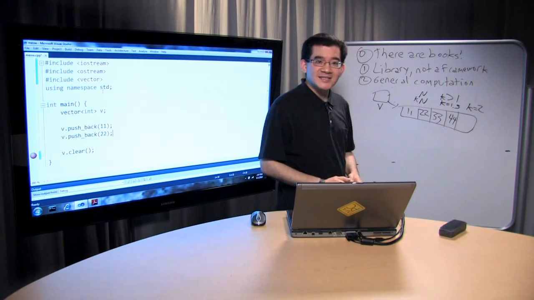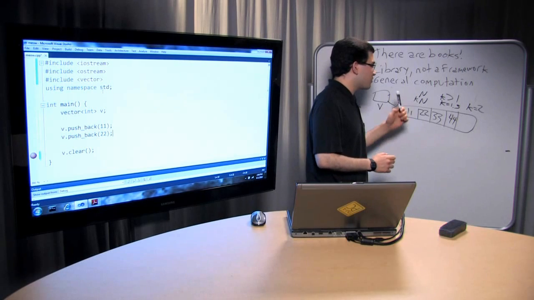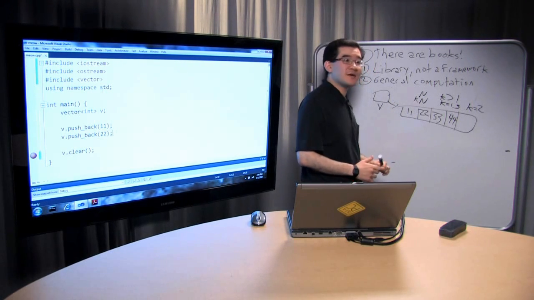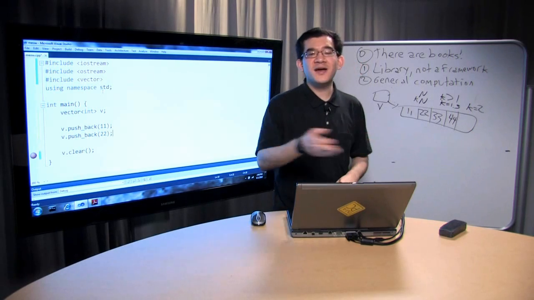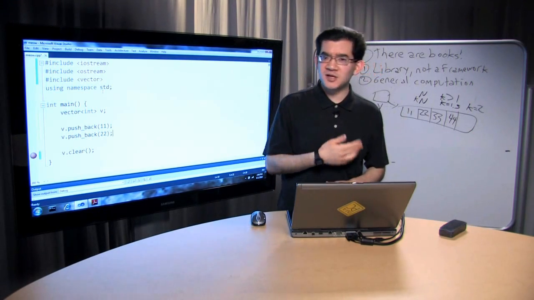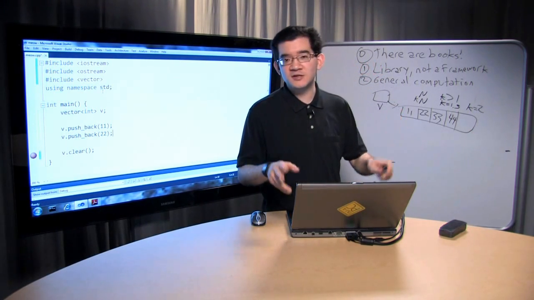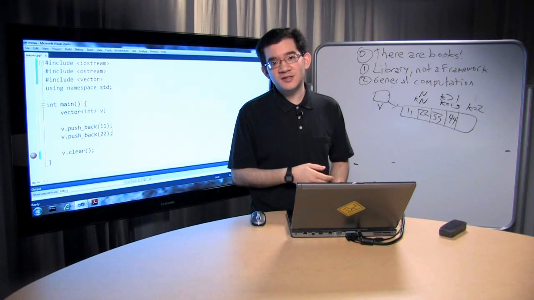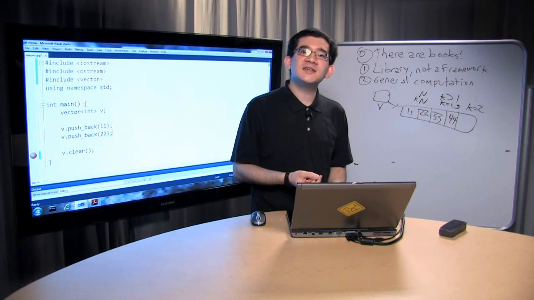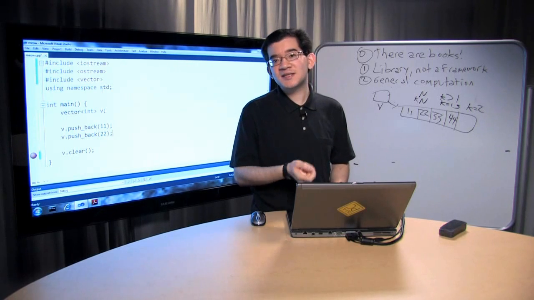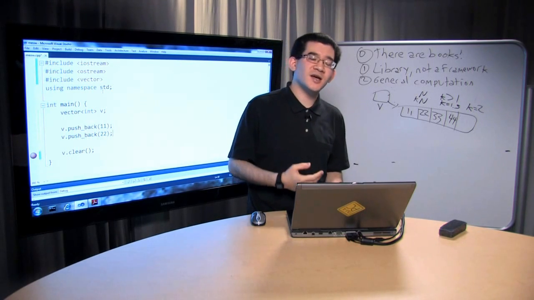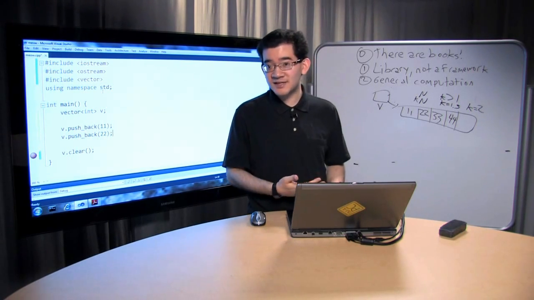Now, what this does is it provides a very important performance guarantee, and that's when I push back a new element. If I have a vector of some huge number of elements, 100,000, a million, the STL has no problem with that, and I push back a single element, what the STL guarantees is that the time it takes to push back that single element is amortized constant time. This is a term from computer science theory.